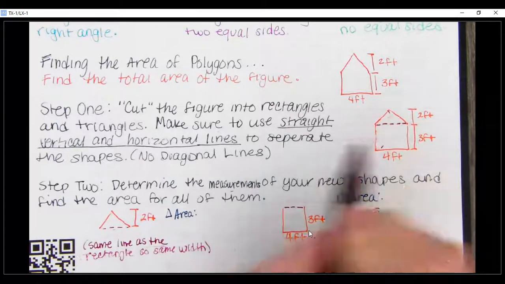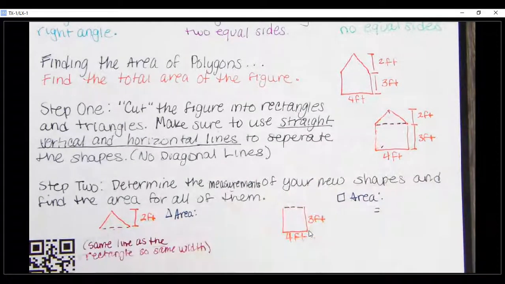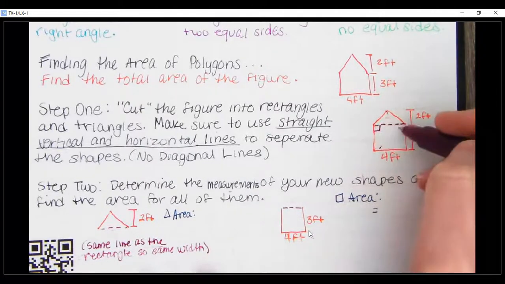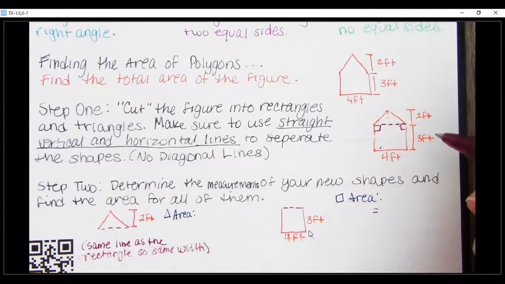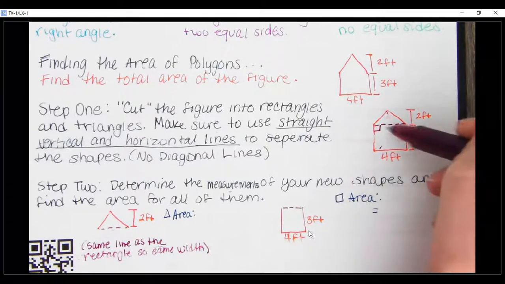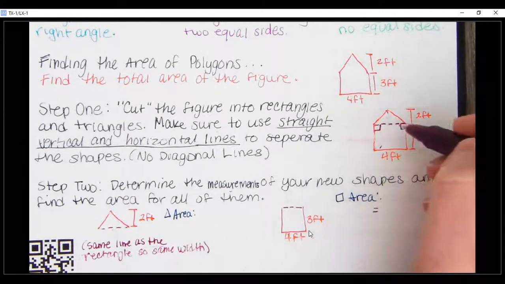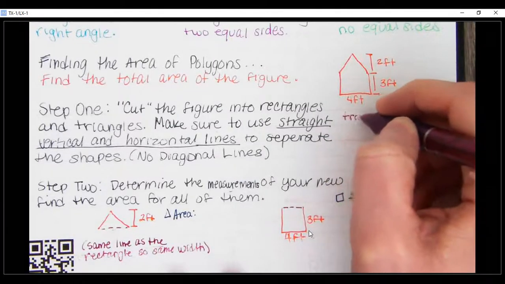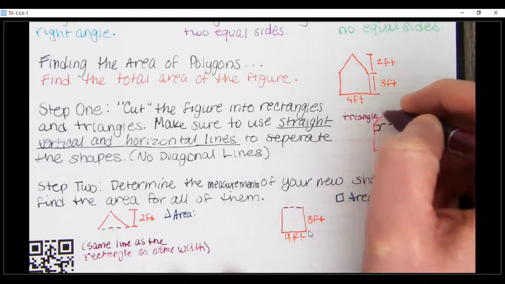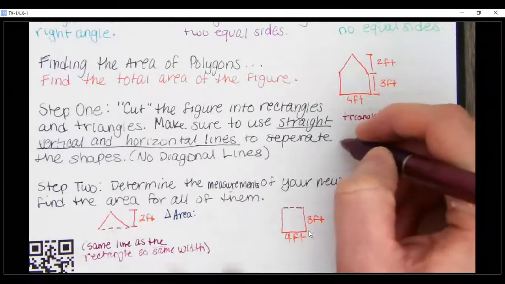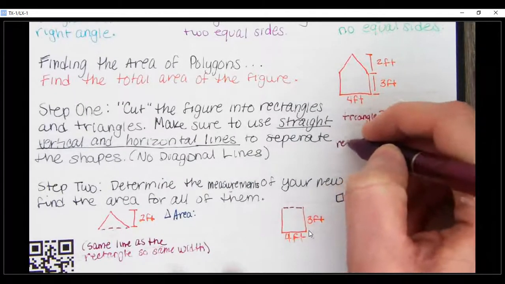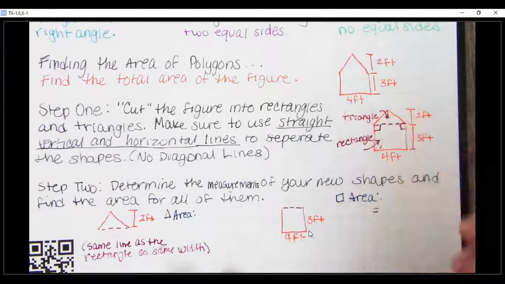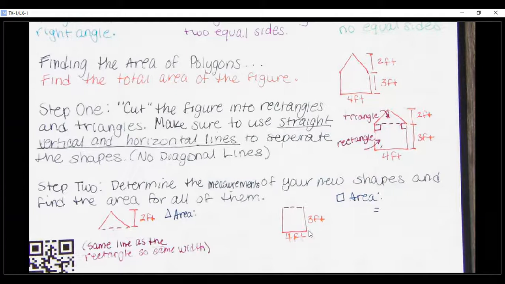That is a horizontal line, it's straight, and that actually creates my 90-degree angles down below. So with that in mind, I see that I have a triangle on top, and I see that I have a rectangle down below. Yay! I completed my first step.